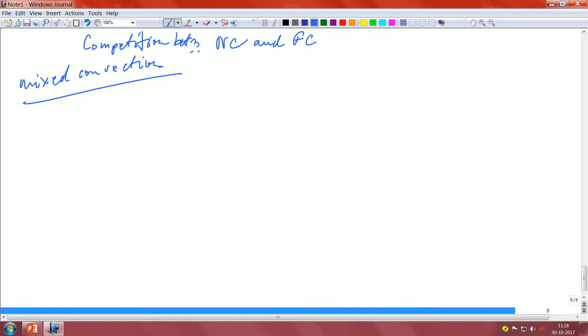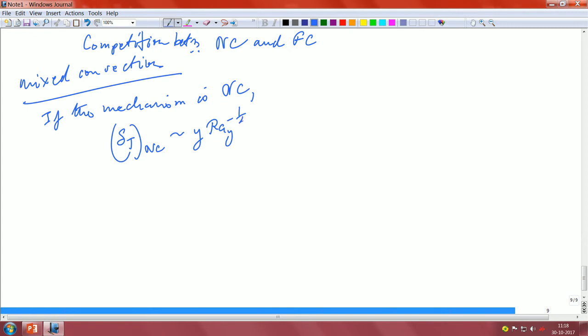Okay. So, when we are dealing with such a situation, let us see the mechanism. If the mechanism is natural convection, which I call NC, then the thermal distance or the thermal boundary layer thickness in the case of natural convection, as if natural convection was the only player in this particular situation, is given by Ra_y^(-1/4).